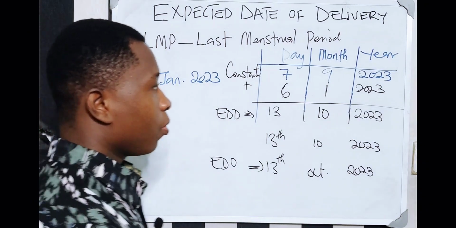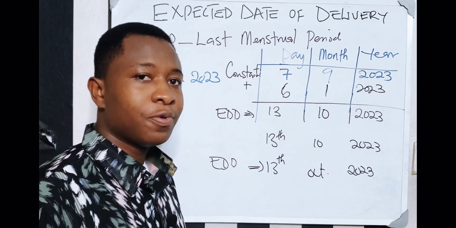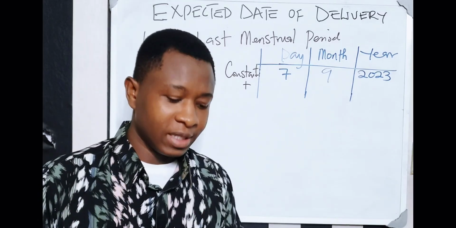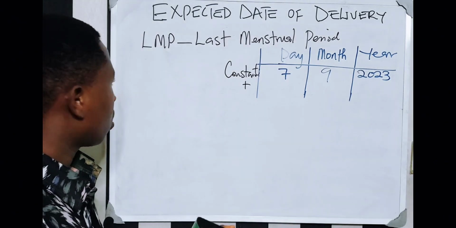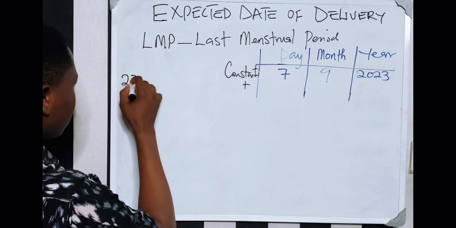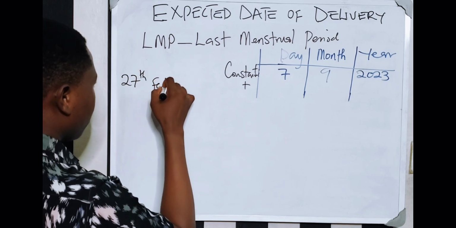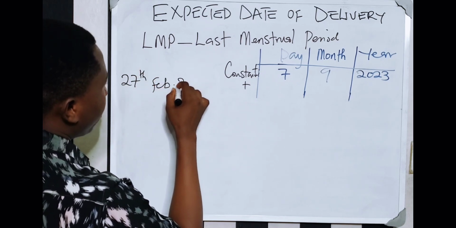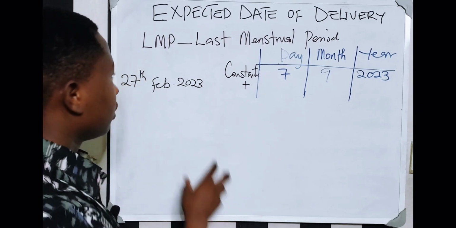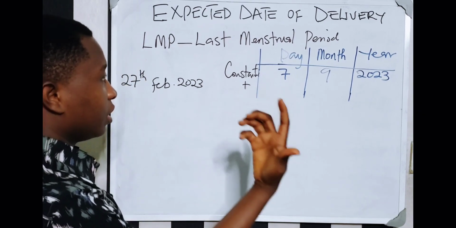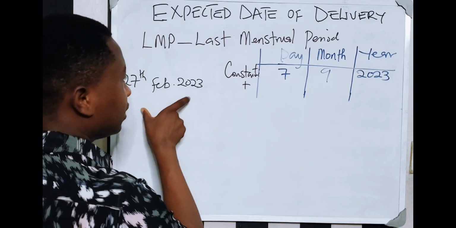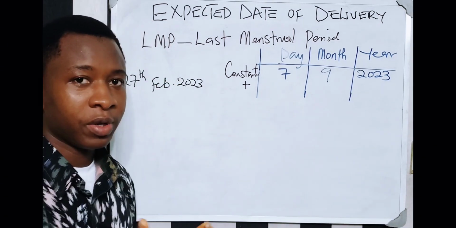Okay, so now we're just going to move from the simple to the complex and the most complex. Now working on another date, let's work on 27th of February 2023. Okay, all right, so remember what we did in the last date. We inputted our value into this constant and we added.